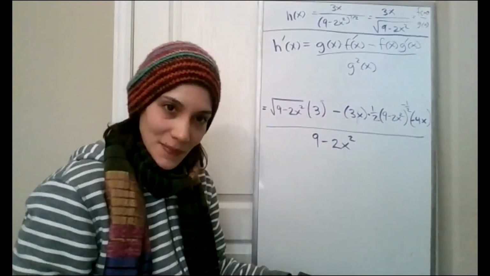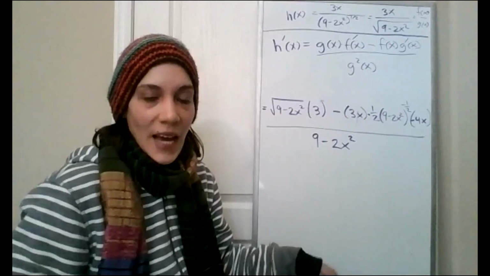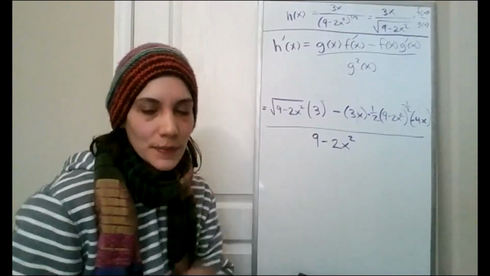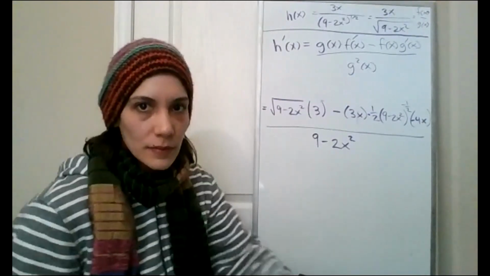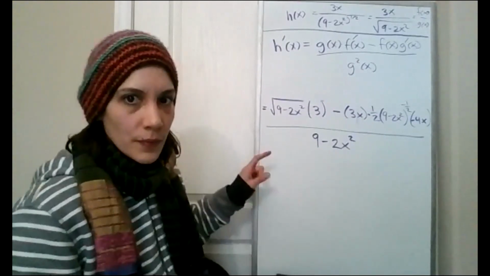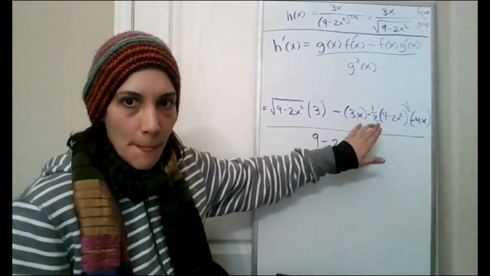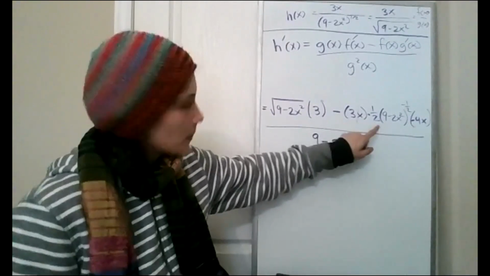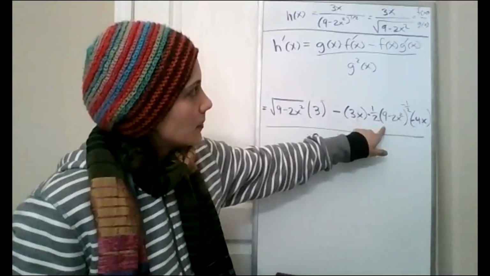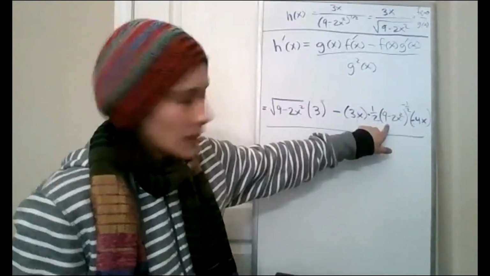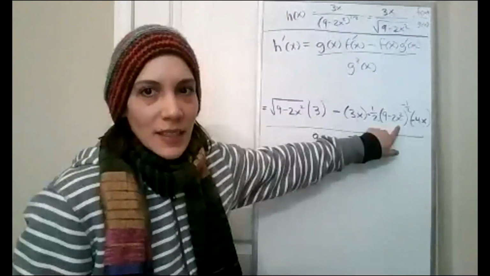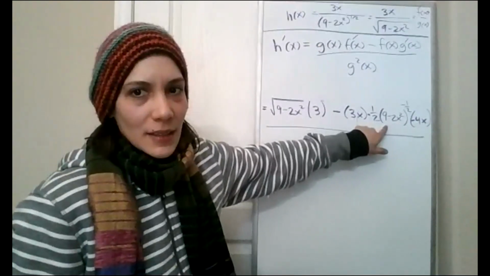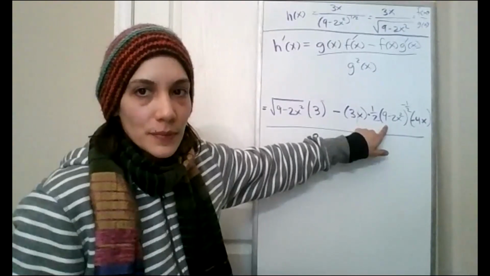I just had a quick question about the last one. Yeah. Sorry, on the right-hand side, it's 3x times half of, so what is that? 9 minus 2x squared. Yeah. That's just f of x.